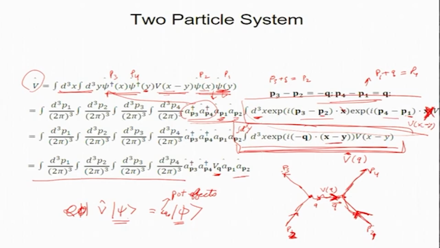Any questions on this? So these are interactions. We have free particles and they interact with these potentials. We will have more complex interactions in the future, but this is a kind of simple Hamiltonian.